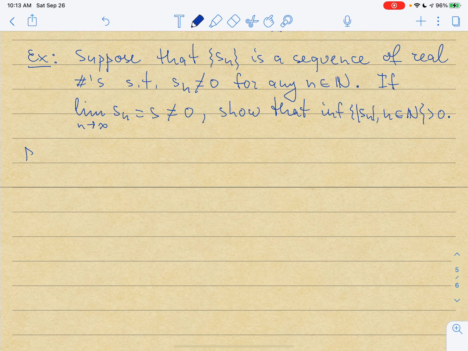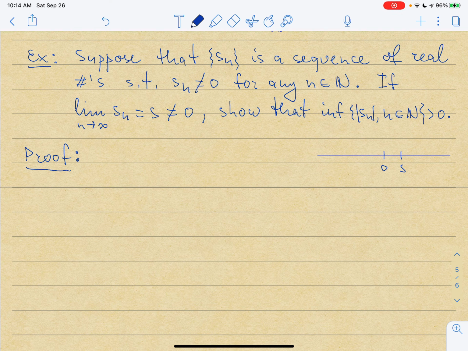All right, so let's try to prove this. And maybe let's try to motivate this first. So if I have a number line, let's say 0 is somewhere here. S is not equal to 0, so maybe it is a positive number.